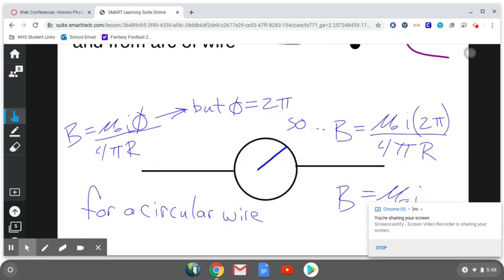And if you want to know what the magnetic field is for a circle of wire, you could use that equation. But just keep in mind that phi then would be 2 pi, and then plugging in, you would get what we have right there. And that's probably a good spot to press pause there.